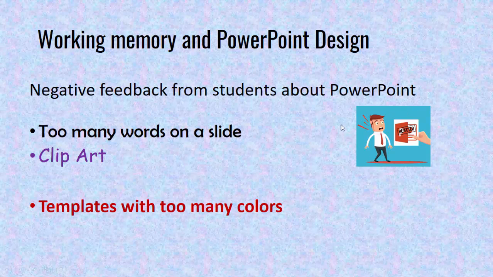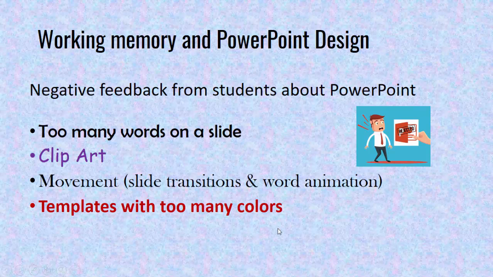Clip art, such as this guy over here. Movement animation, like when you click and it brings in another bullet point or it highlights a word. Transitioning between PowerPoints and websites. And also just too many colors and too many fonts. This slide has a lot of those things which are distracting.